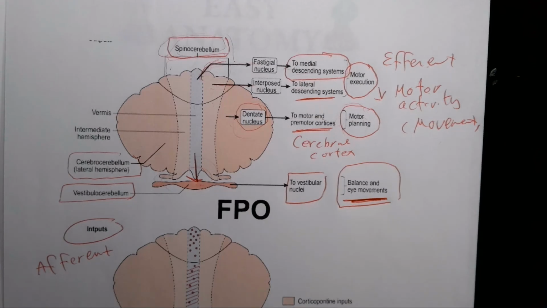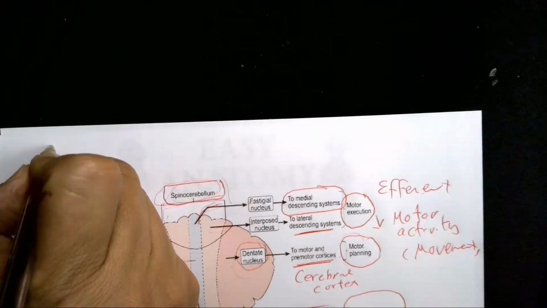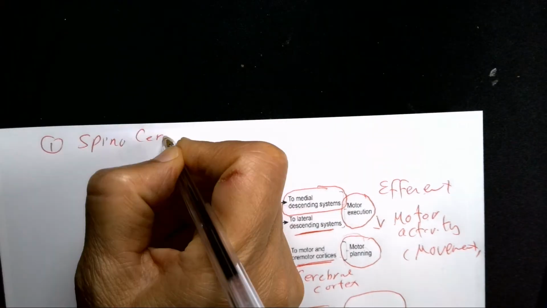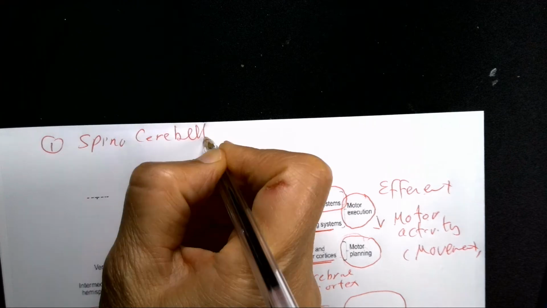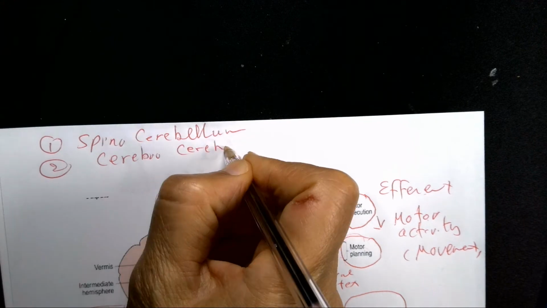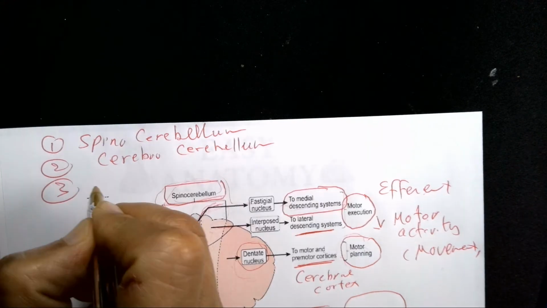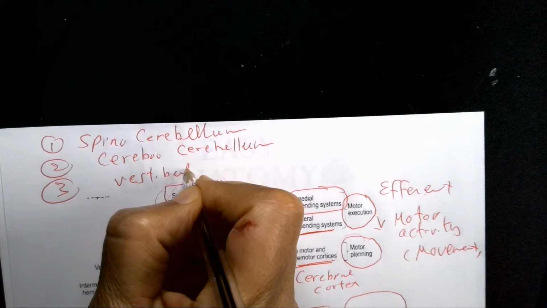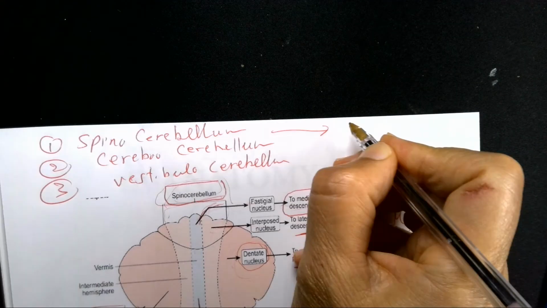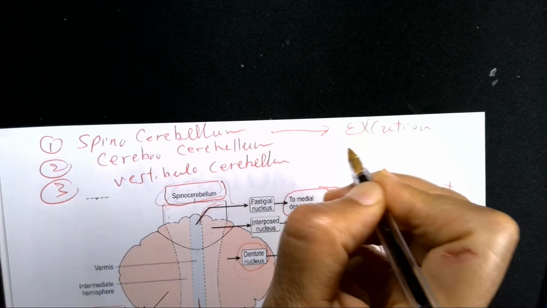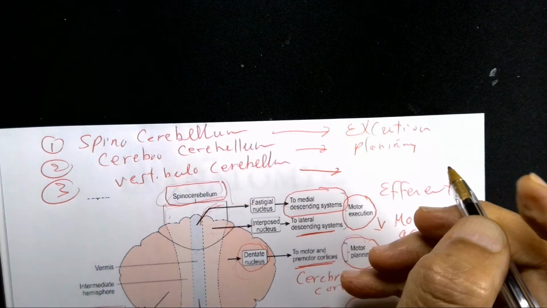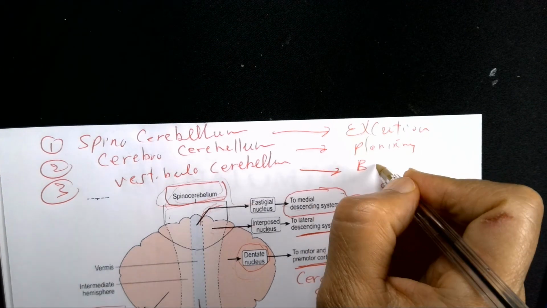You have one, spinocerebellum, two, cerebrocerebellum, three, vestibulocerebellum. The spinocerebellum is for execution of movement. The cerebrocerebellum is for planning and motor learning. The vestibulocerebellum is for balance and position.